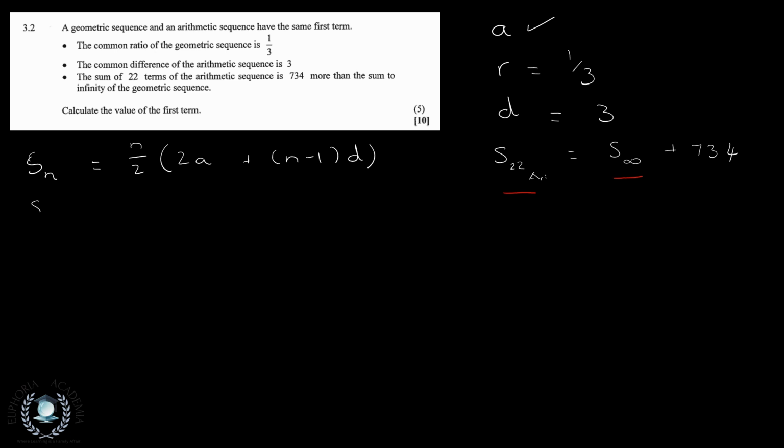Alright, now let's just replace. We know that it's the first 22 terms, so n will be 22 divided by 2. The first term is what we're looking for, so that will stay the same as a, and like I said, our n is 22, so we're going to substitute that. We're told that the common difference is 3, so we're going to substitute that, and let's simplify what we have.